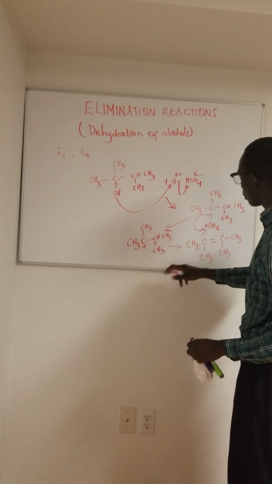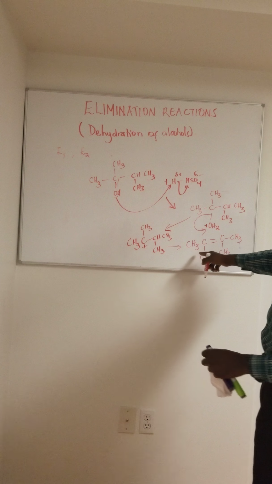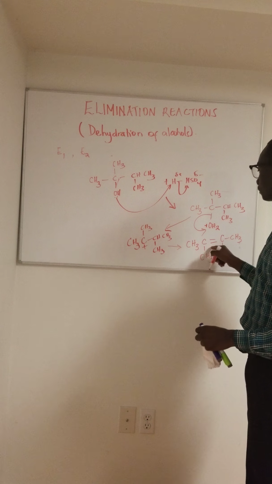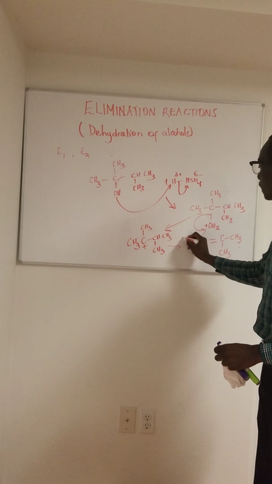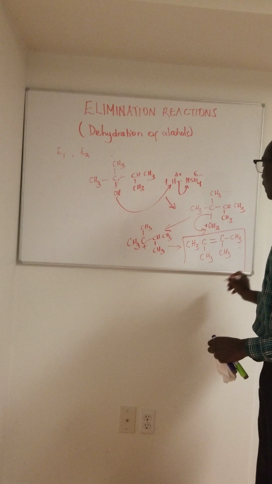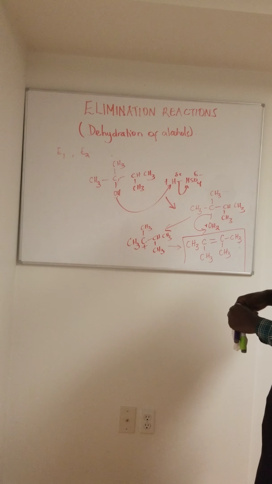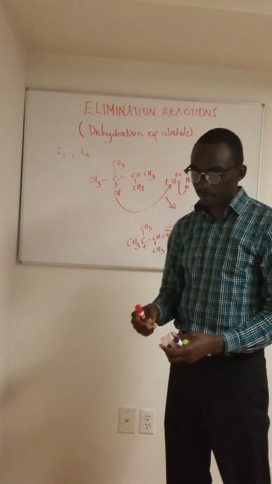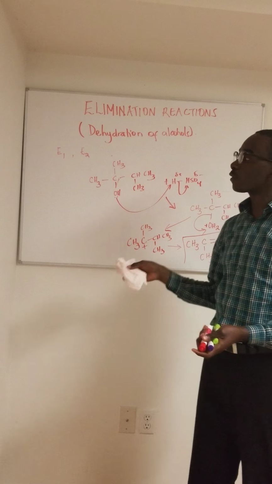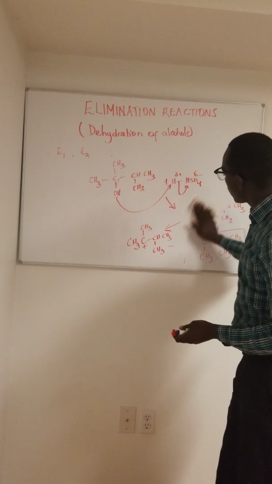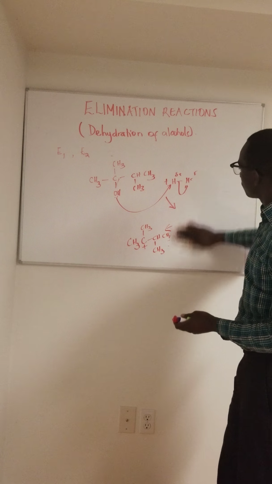Actually, it is one compound that we shall have, this type of molecule. So this is our final product with this type of alcohol. We shall see other types of mechanisms where we have what we call hydride or methyl shifts.